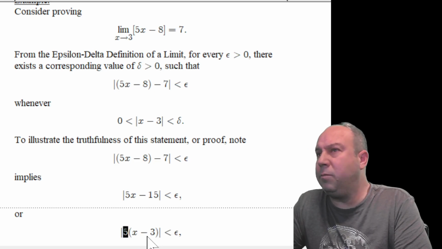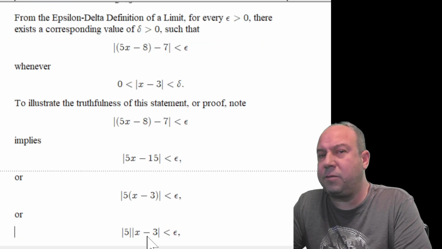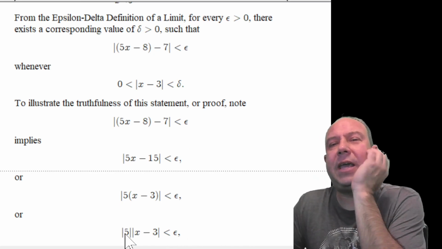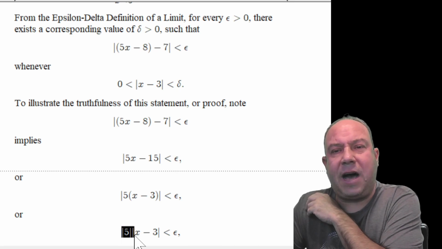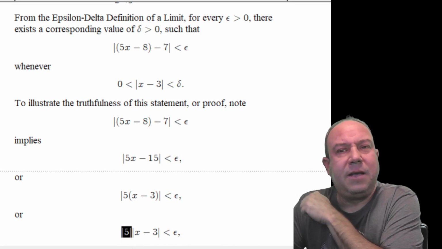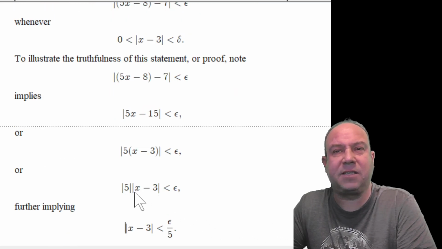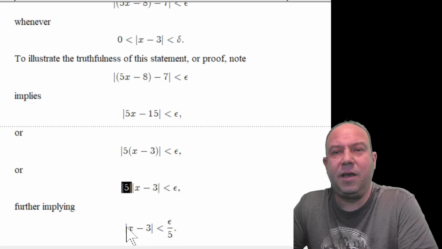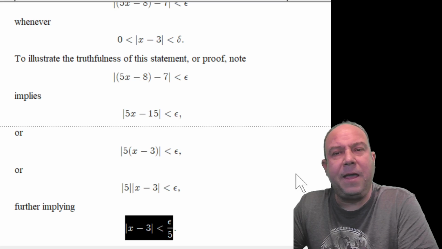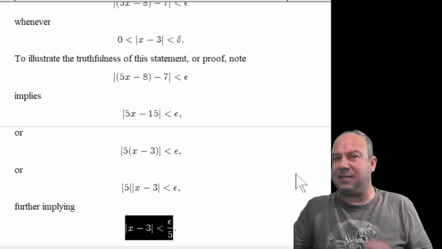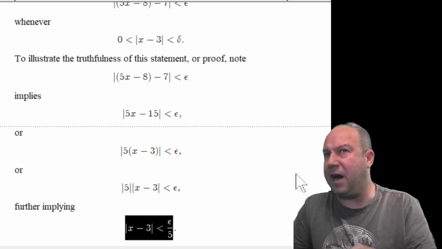Absolute value symbols will distribute themselves across products. They're a lot like a radical in that sense. So I can think of this as the absolute value of 5 times x minus 3, or what is in turn just 5 times x minus 3, where I can divide both sides by this value of 5, and I can end up showing that the absolute value of x minus 3 must be less than epsilon divided by 5.